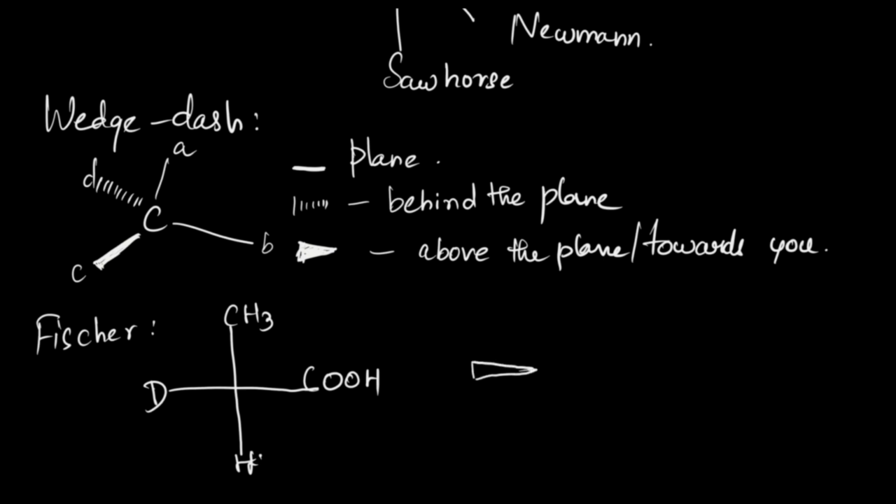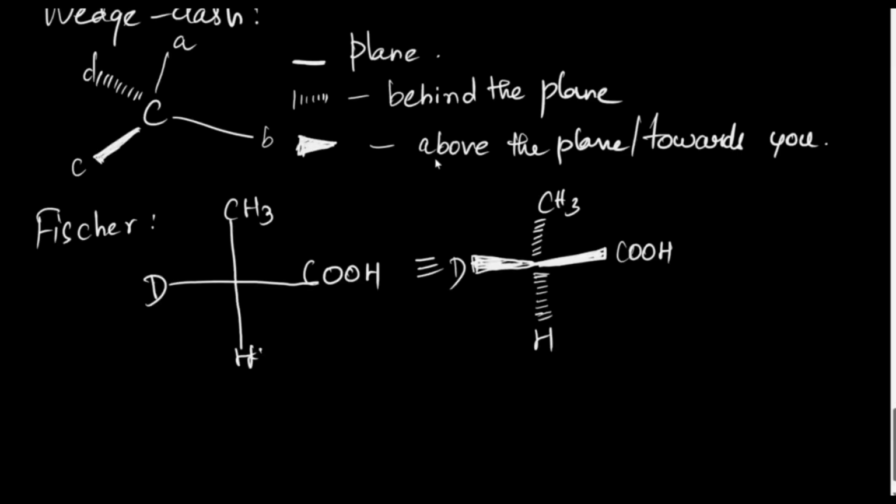The horizontal ones are above the plane and the vertical ones are below the plane, which is equal to this. CO2H and H. Okay, that is Fischer projection.